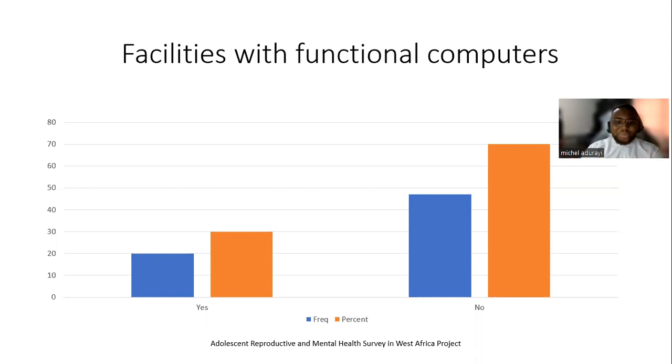On the chart, the blue is the frequency, the total number of facilities that said yes, they had a functional computer. The orange is the percentage of the facilities that have functional computers. You can see that about 70% of the facilities do not have functional computers.